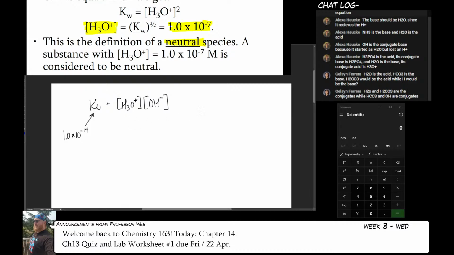Then 1 times 10 to the minus 7 is going to be the middle point, if these are equal. If I have more of this one, then I must have less of this one.